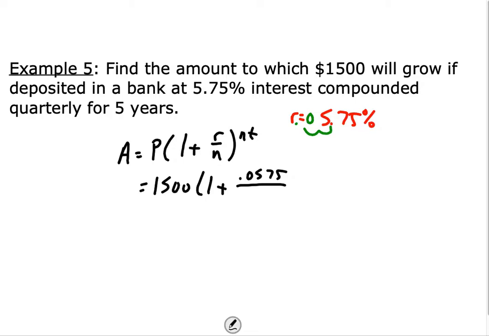And then our N value, it says it's being compounded quarterly, so N there equals 4. Quarterly is 4 times. And then T there is simply 5 years.